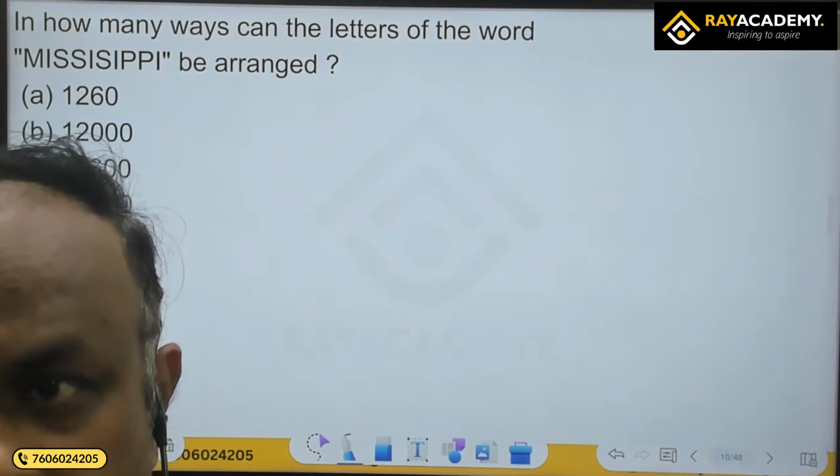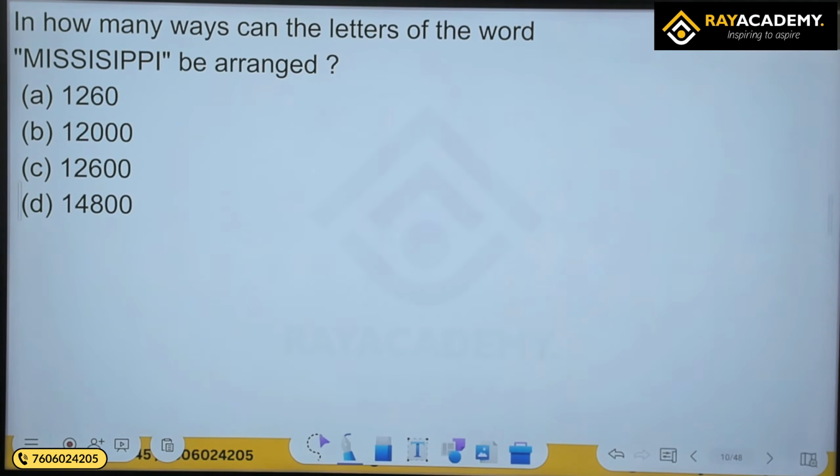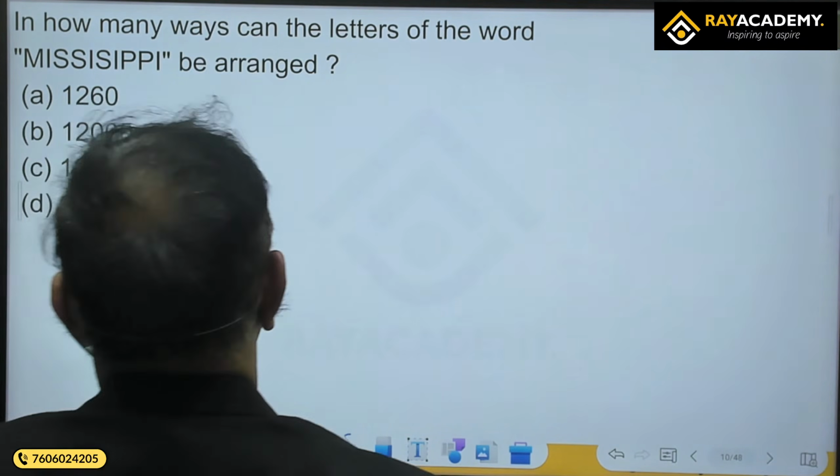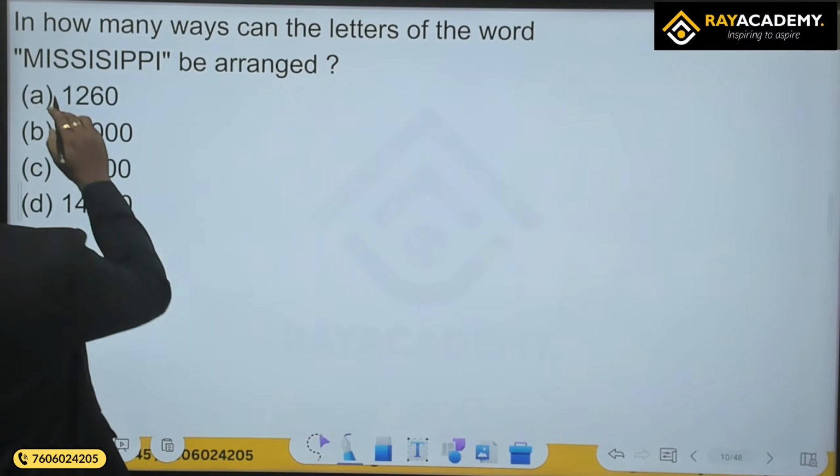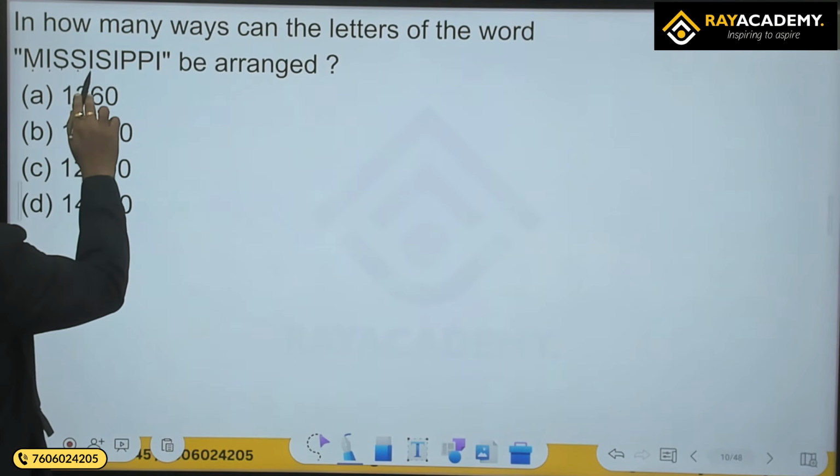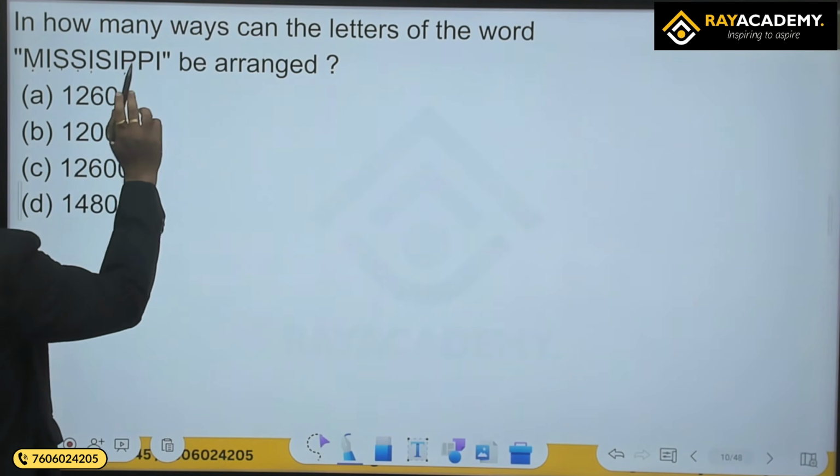This question reads, in how many ways can the letters of the word Mississippi be arranged? This kind of example we have done. Let us count the letters: 1, 2, 3, 4, 5, 6, 7, 8, 9, 10.